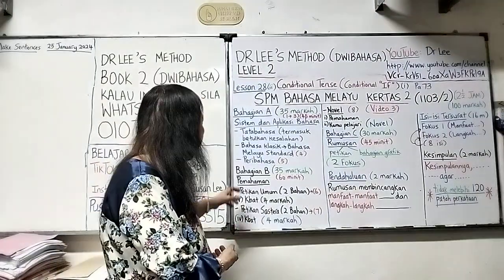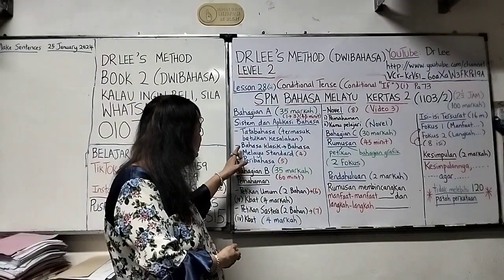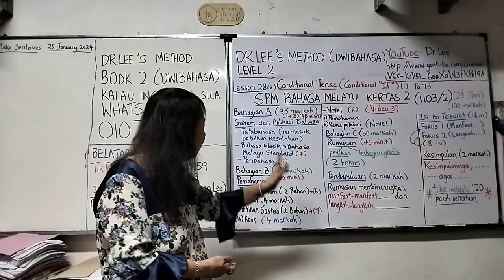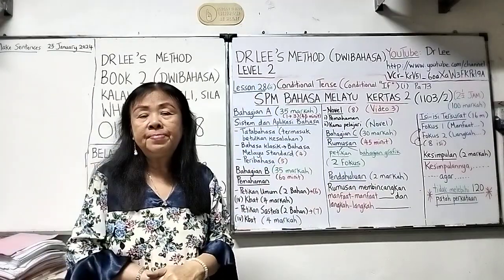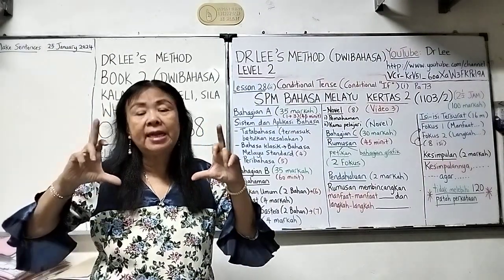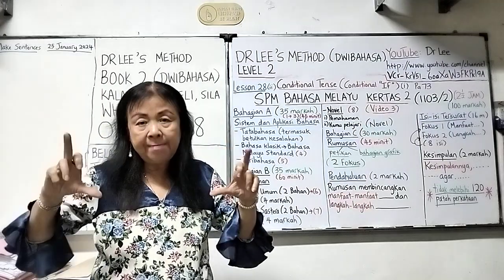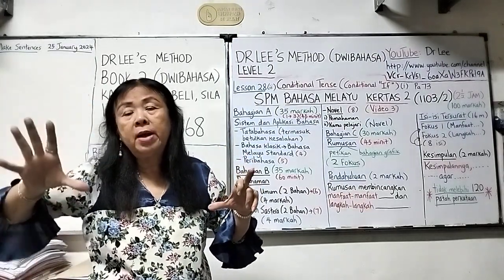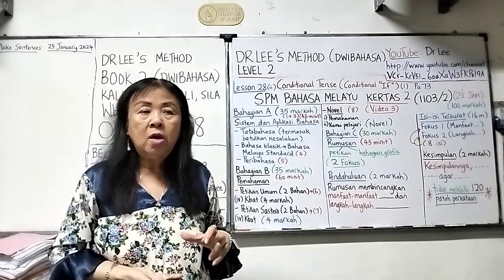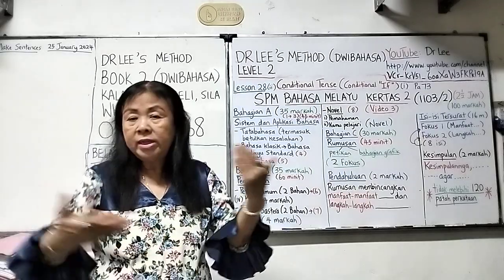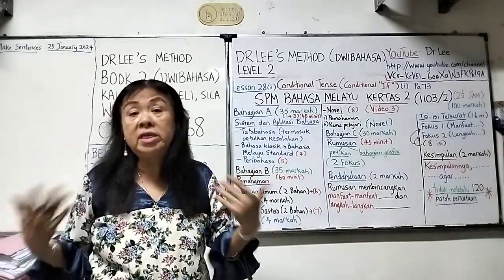identify. And one of the questions which you must know, which is question 4 of section A, is you are given one passage which uses Bahasa classical BM. You have to translate or convert it to Bahasa Melayu standard, or what I say, modern Bahasa Melayu, the Bahasa Melayu that we are using every day.